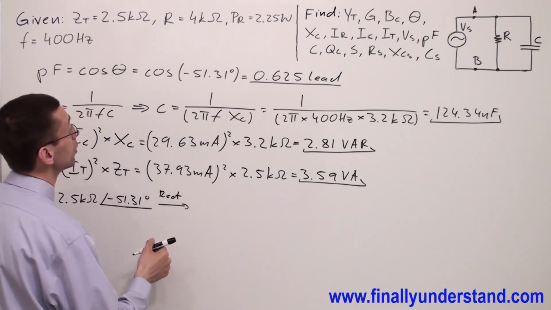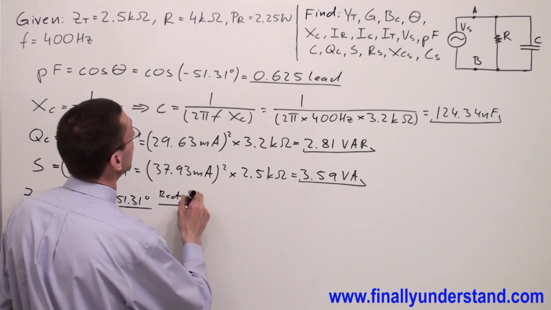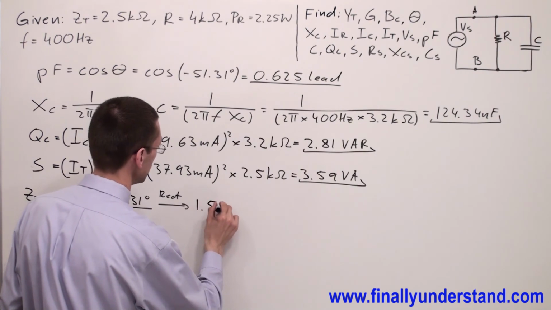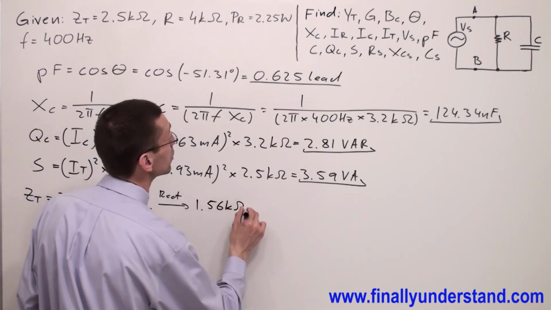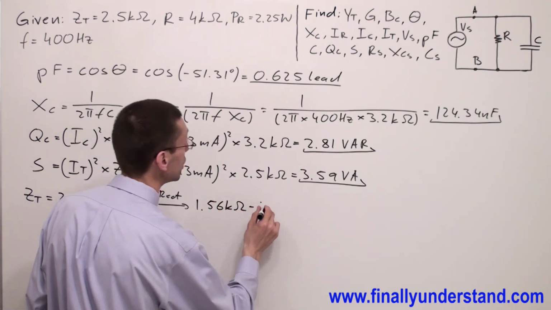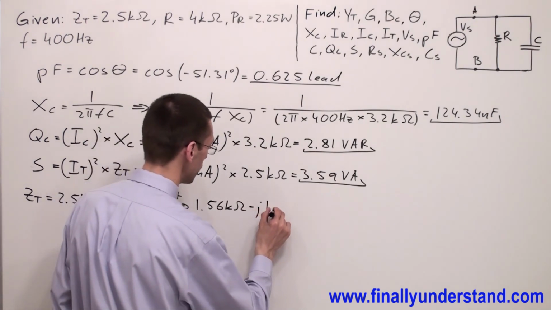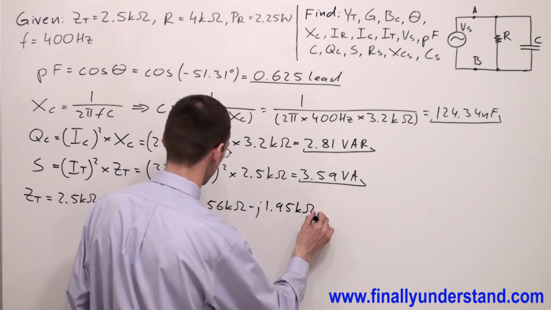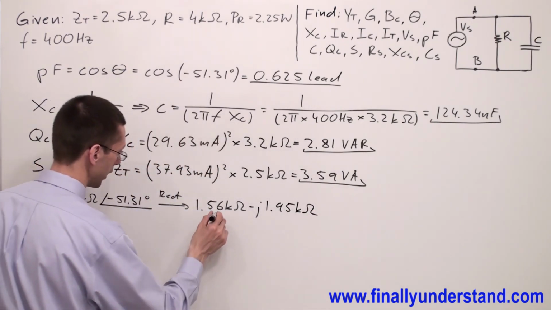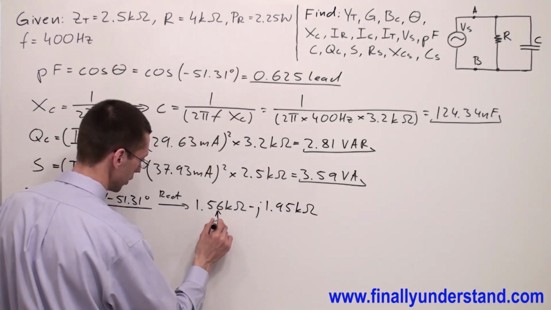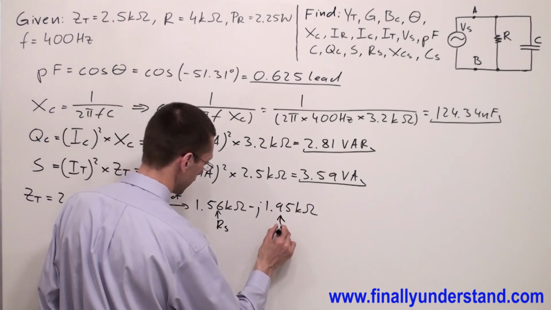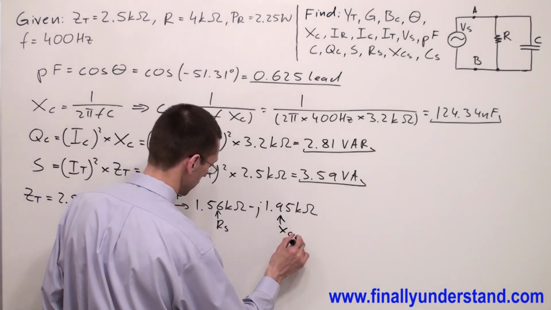And you are going to obtain 1.56 kiloohms minus j 1.95 kiloohms, where the real part of my answer is my RS and the imaginary part is my XCS.